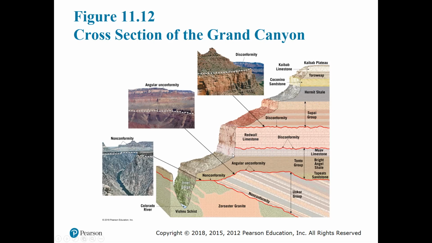And so what happened is the Moab limestone was laid down, and before we got to the Red Wall limestone, some of the Moab limestone had been eroded. So you don't have a perfectly straight 180-degree angle here. You've got some little dips and grooves there, and that's our disconformity.